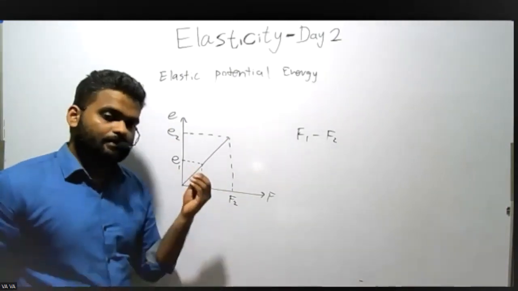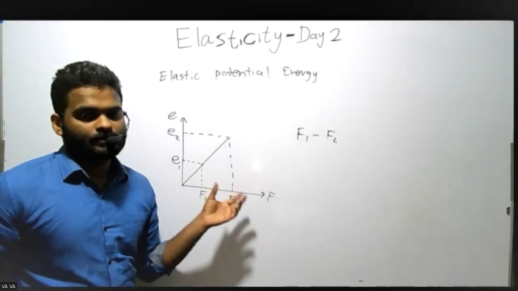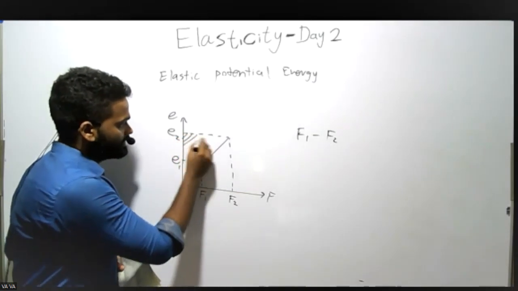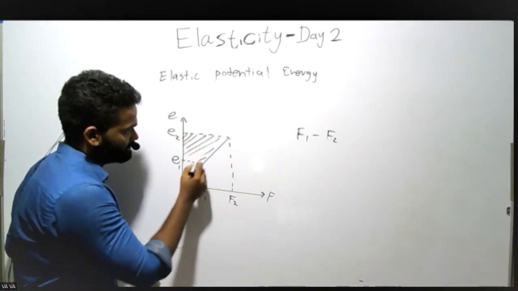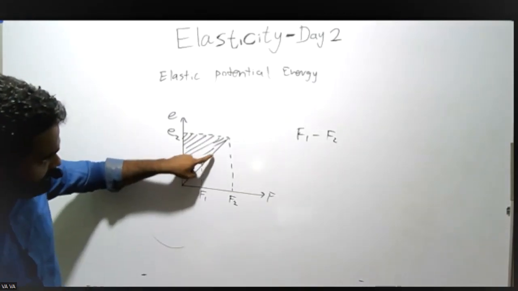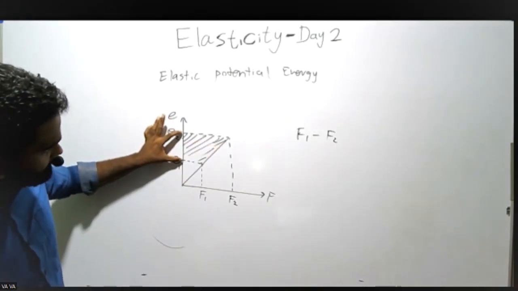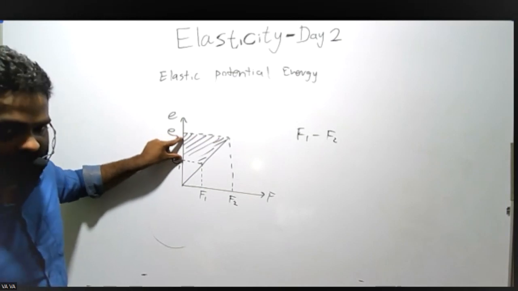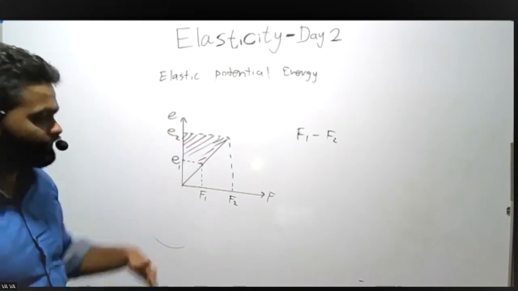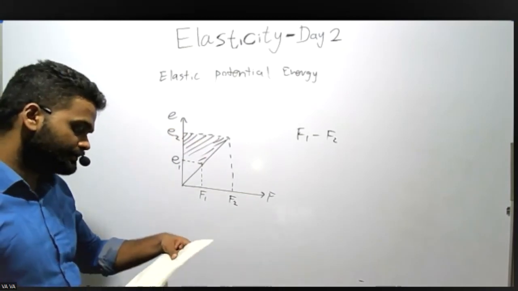So what is the energy required to do this? It is given by this area, always the area between the graph and the extension axis. So it should be this area, right?